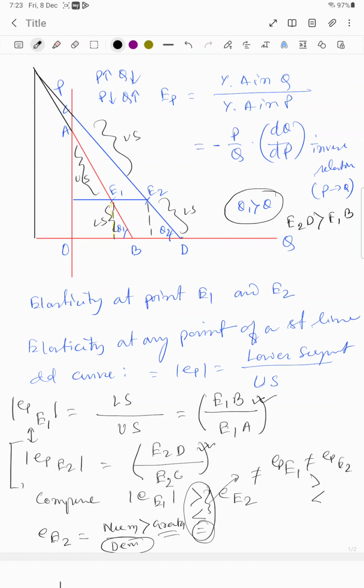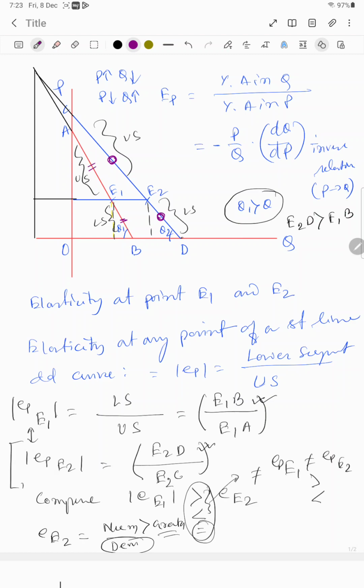If the denominator of this one is larger, then there is another problem. If I extend this line, this part is larger than this part, and this part will be larger than that part.